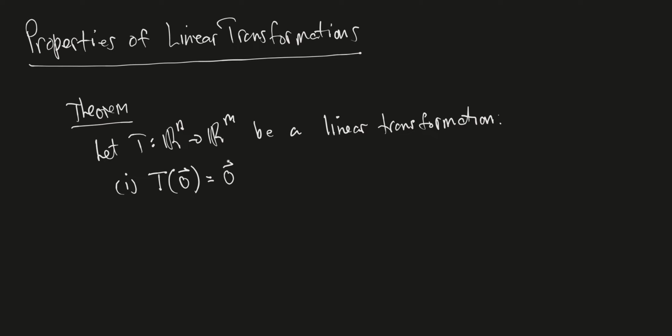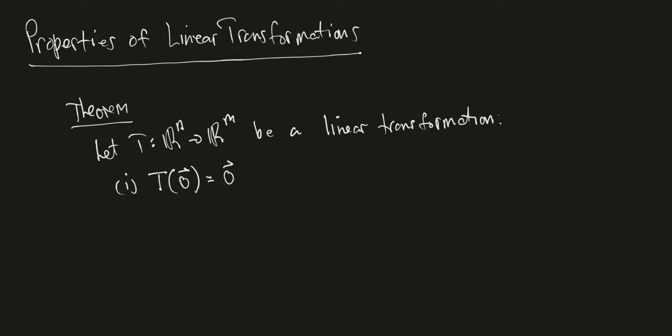So this vector here is the zero vector in Rn, this is the zero vector in Rm, and if the transformation is linear, and we looked at the definition of a linear transformation previously, then this property has to be true.